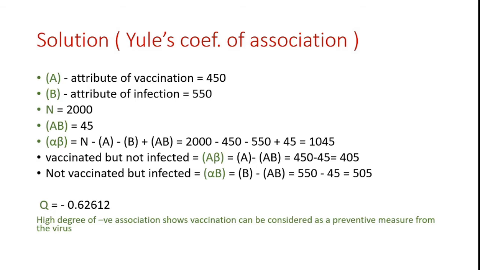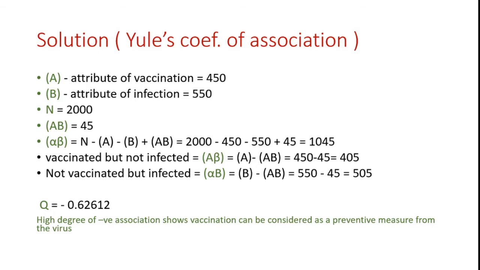So any value, whether it's positive or negative, that is more than 0.5 shows a strong association. But since this is a negative association, a high degree of negative association between the two attributes, vaccination and infection, it can be inferred that this vaccination can be considered as a preventive measure for the virus. So the pharmaceutical company should go ahead with mass production of this vaccine.